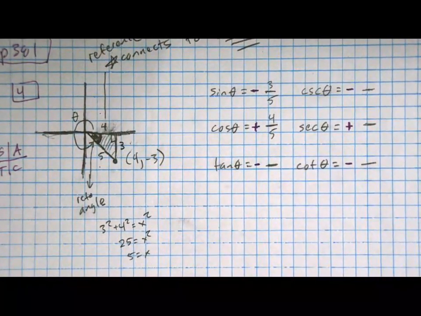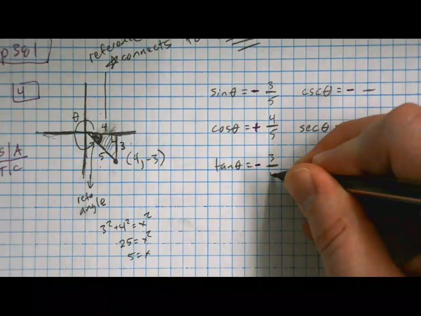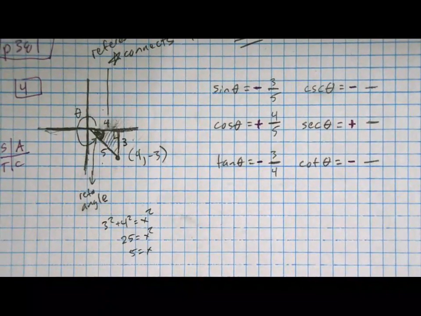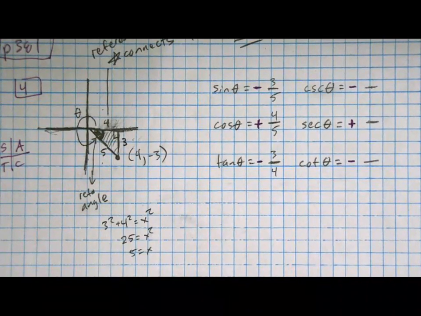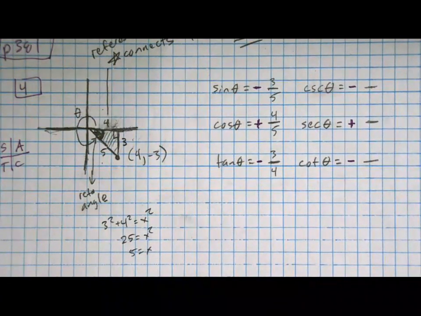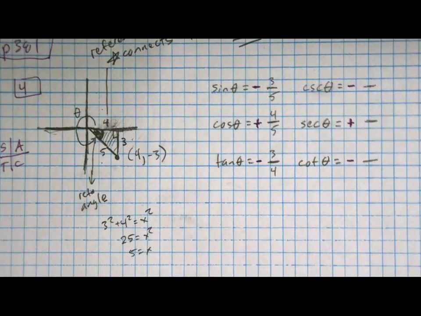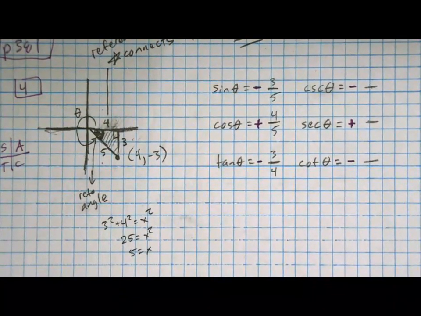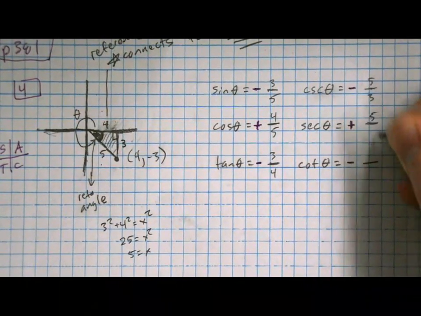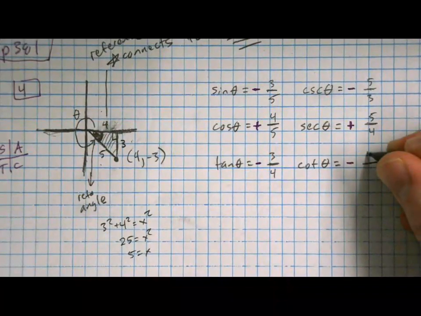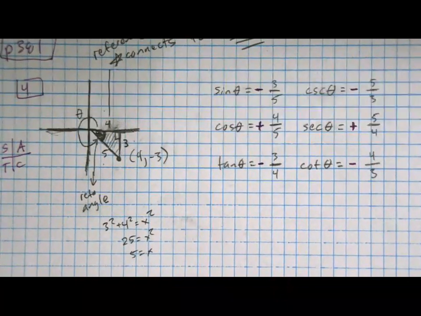Tangent's opposite over adjacent. Those are nice. None of them turned out to be radicals. We know what to do if they do, though. And the rest of them are easy. Just flip them, right? 5 over 3, 5 over 4, 4 over 3, and we're done.